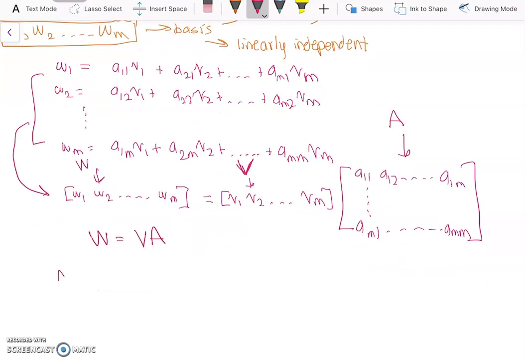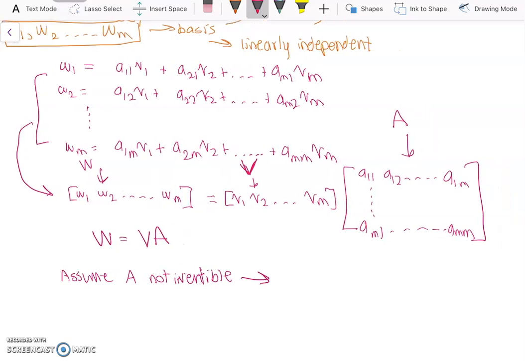So if we assume, for the sake of contradiction, that A is not invertible, it means when we do Gaussian elimination on A, it will have at most m-1 pivots or leading columns.